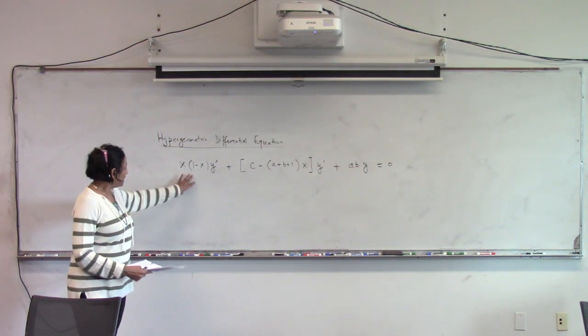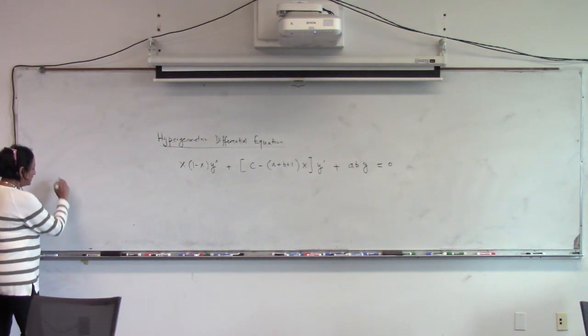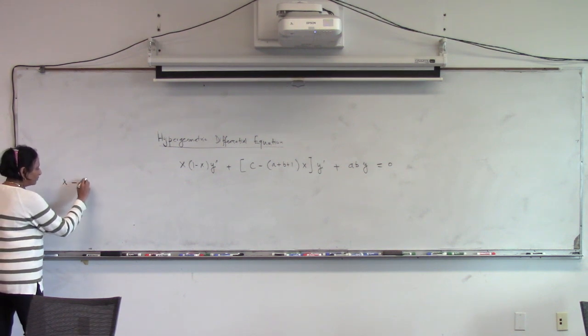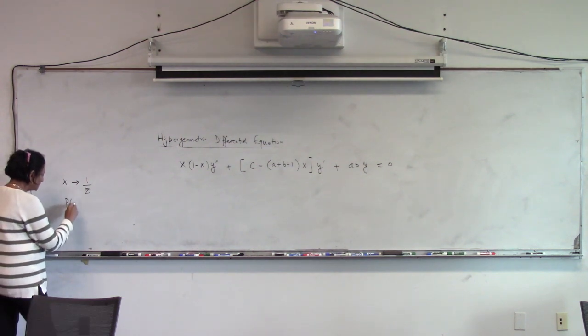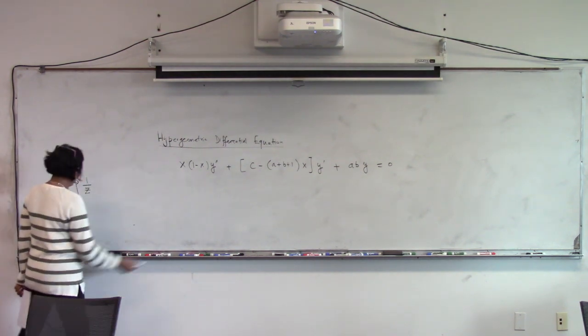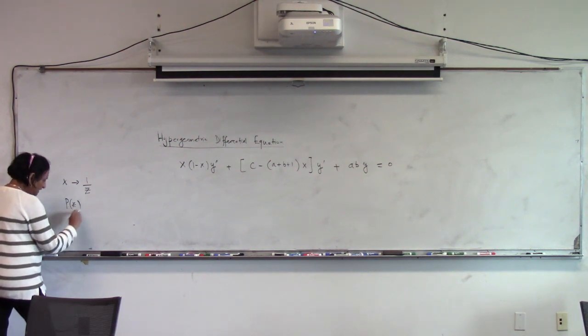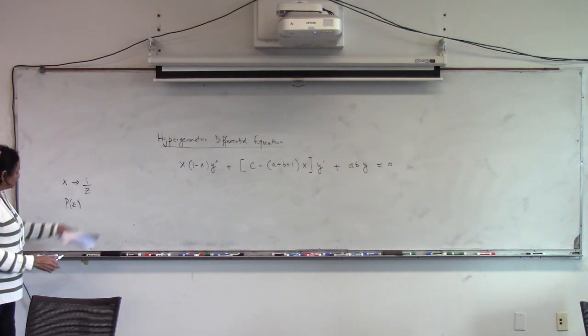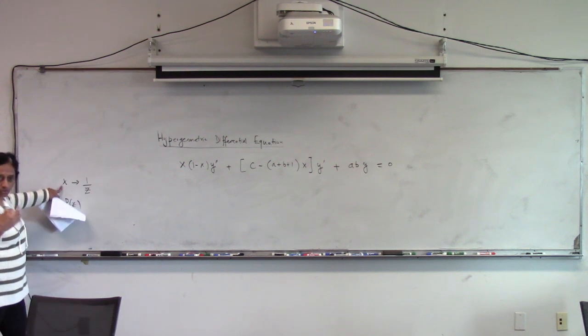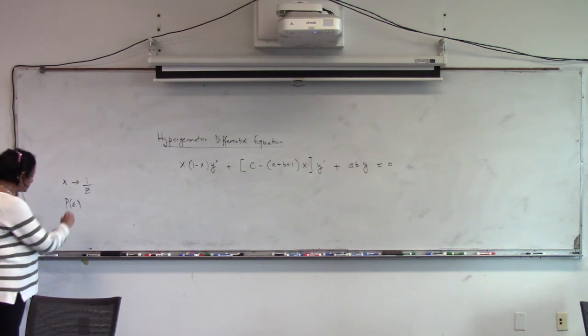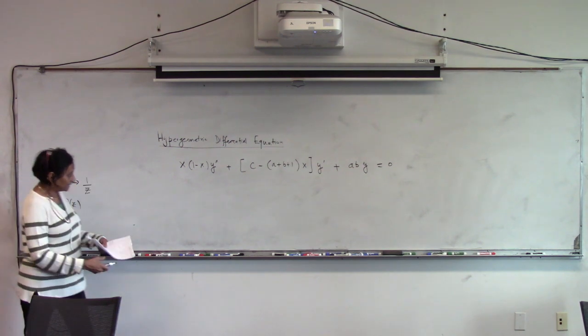What you do is you change the variable x to something like 1 over z, and try to understand how p of z behaves. If p of z has a singularity at z equal to 0, that means you have a singularity at x equal to infinity. So that's how you analyze that.